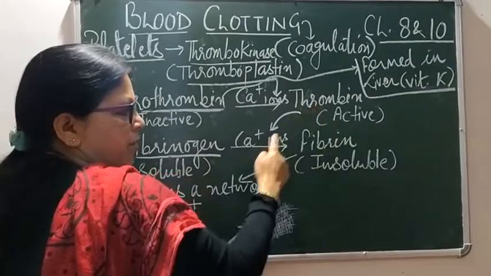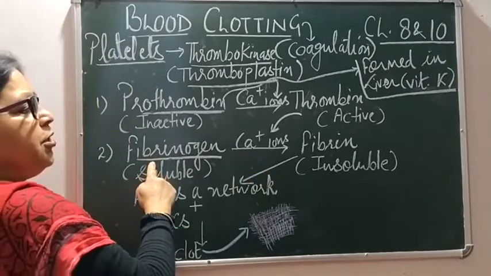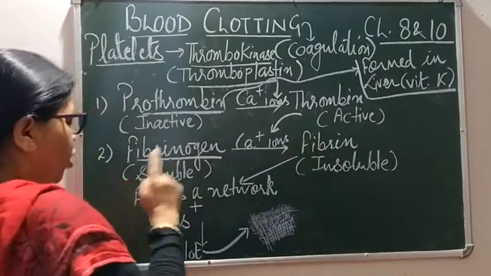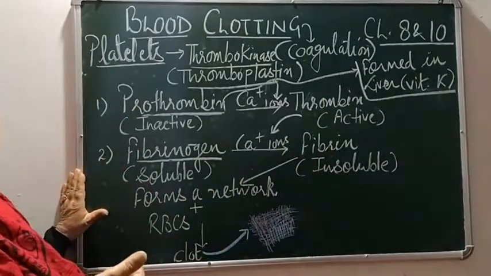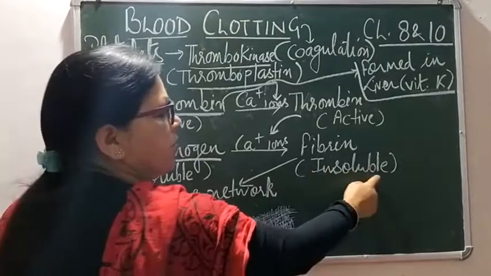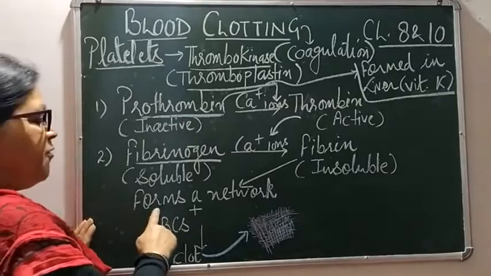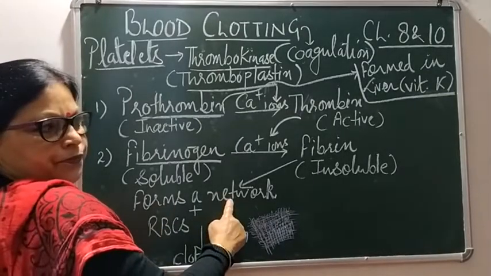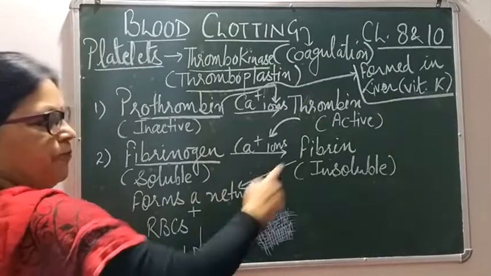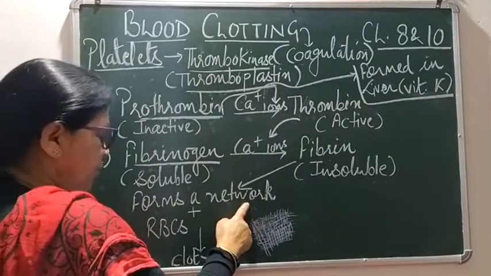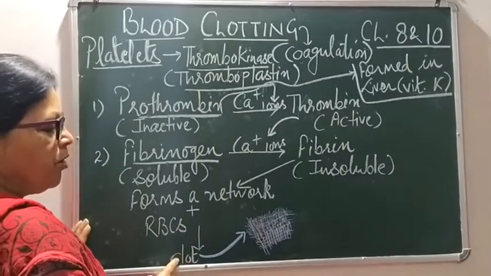So thrombin now acts as an enzyme and converts fibrinogen into fibrin. You can understand fibrin as fibers. These are insoluble fibers, and they will form a network around the injured part. Fibrin will form a network, and along with RBCs, this will form a clot.